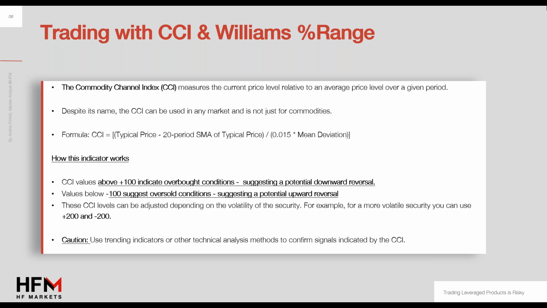So its initial purpose, as I said, was mainly for the commodity market and for spotting long-term trend changes. But over the years, it has proven very useful for other assets, across the markets, and for multiple time frames as well.